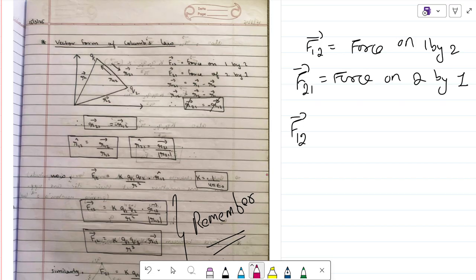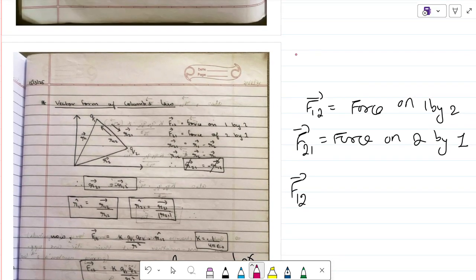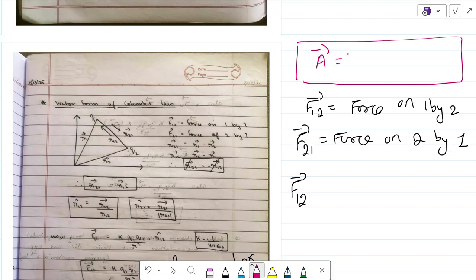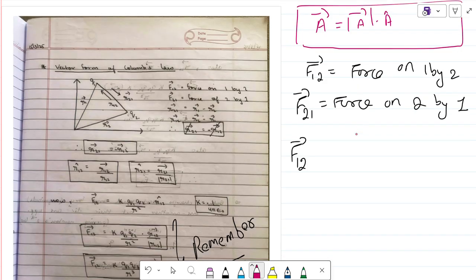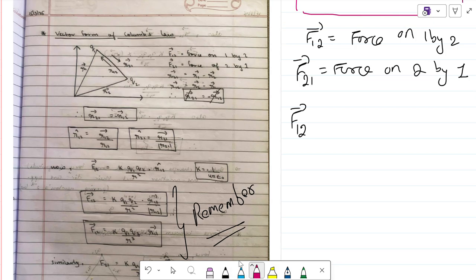We just need to remember one simple rule of vectors, that any vector A can be written as its magnitude into its direction. Direction is always given by the unit vector. So we'll use that in writing this force equation. F12 equals, as you can see, the magnitude k q1 q2 by r square, and we need a unit vector, which is r12.